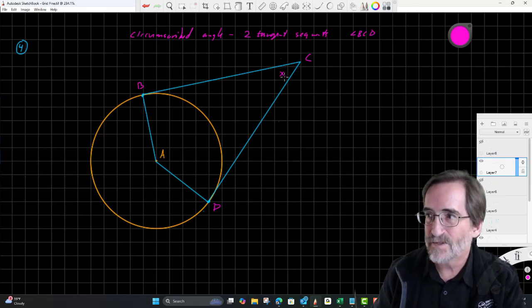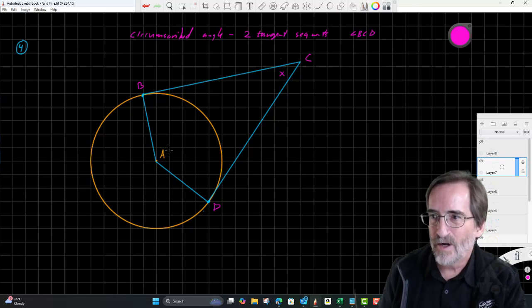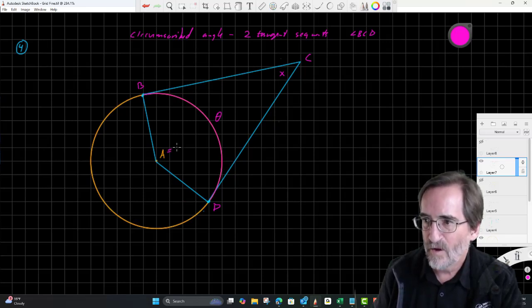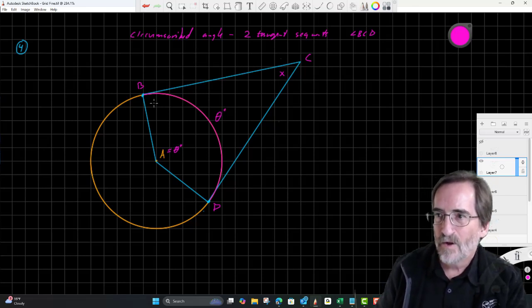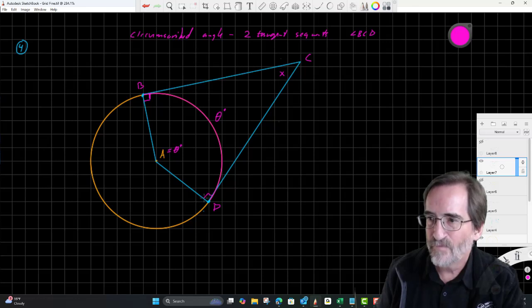Okay, let's label it X. Okay, let's say I happen to know this angle right here. We'll call this arc BD theta. Okay, arc BD is theta degrees. That means angle A or BAD is theta degrees, right? And so we also know, if you recall, that tangent segments are always perpendicular to the radius. Okay?